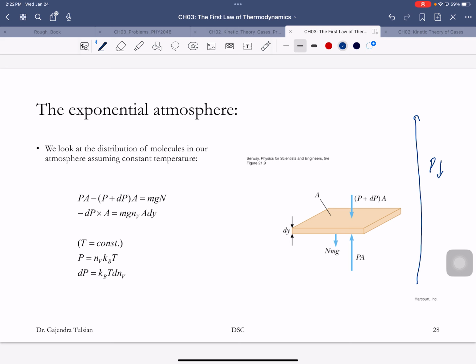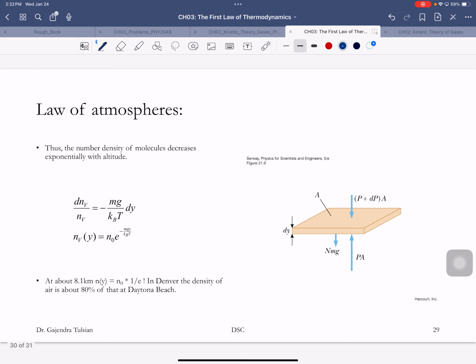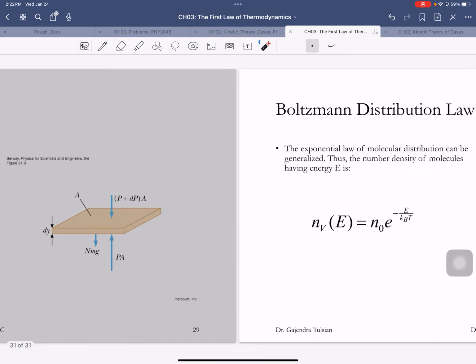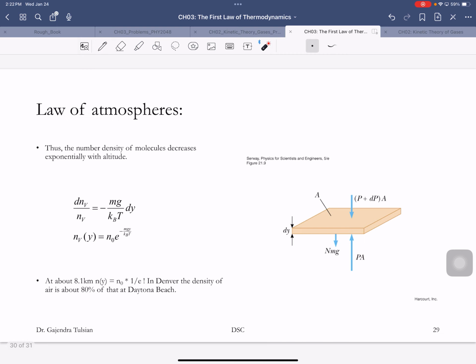And it turns out that if you do the calculation, what you find is the pressure decreases exponentially. Okay, so this is the number of particles, and remember, we are dealing with ideal gases, RT. So the temperature is constant.